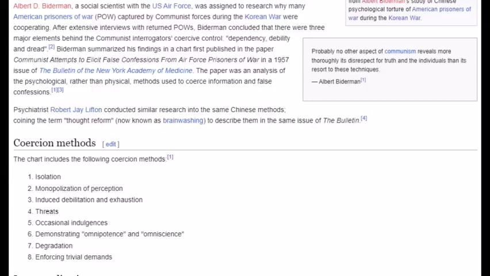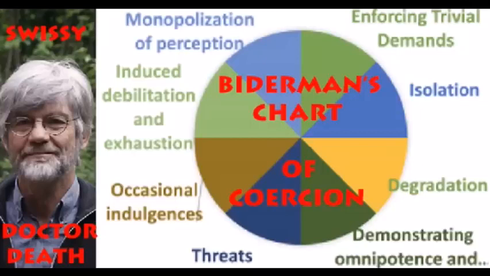Hey, Swissy. So once more, here in the octagon symbol of coercion are Biedermann's 8 points of coercion, and I'll explain them afterwards. This Swissy here to the left, we, the political prisoners, used to call Dr. Death, the Swiss master of coercion.